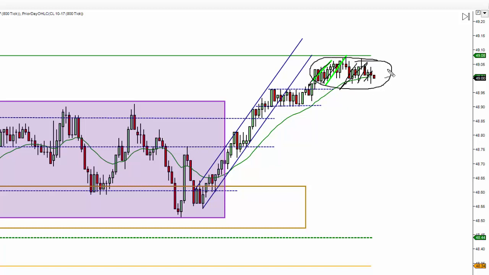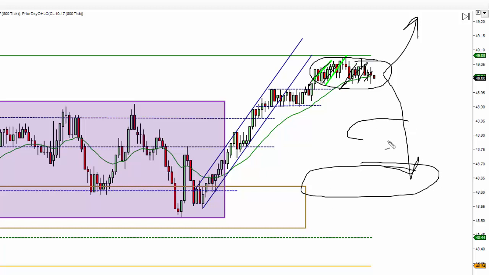Whether price is going to find a purchase or come down and maybe retest this area or perhaps this area remains to be seen. So watch the price action stack up here, and then decide at that point whether it makes sense from a price action standpoint to go short or to go to higher prices.